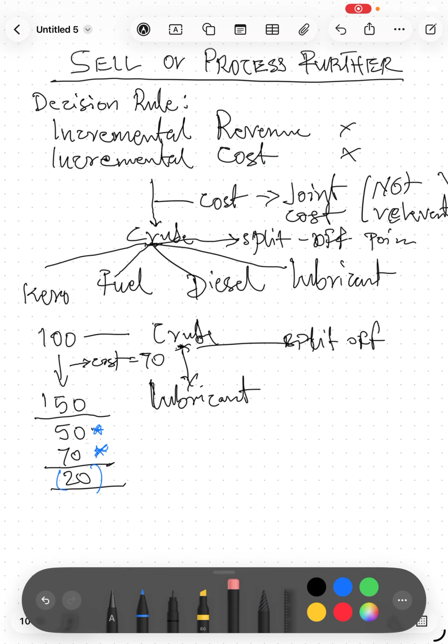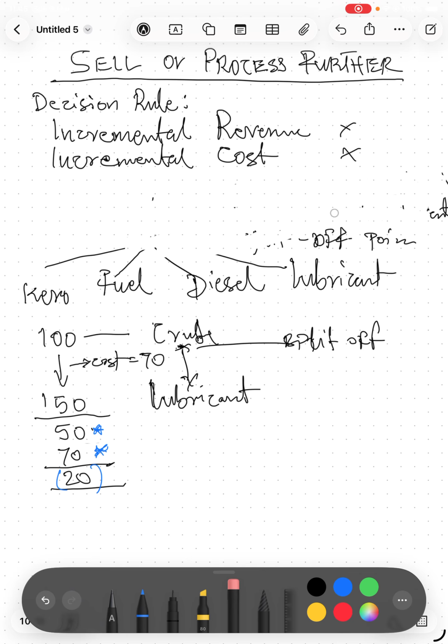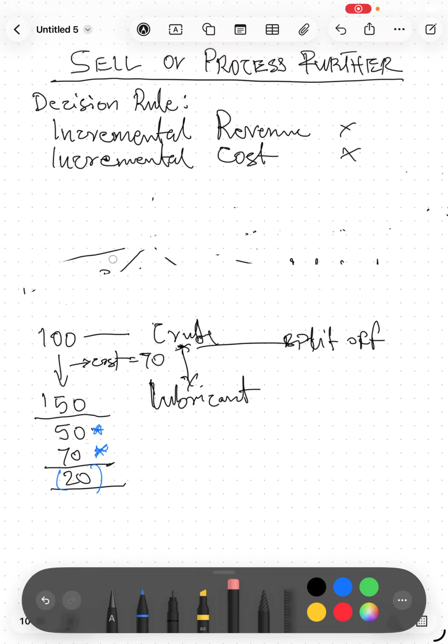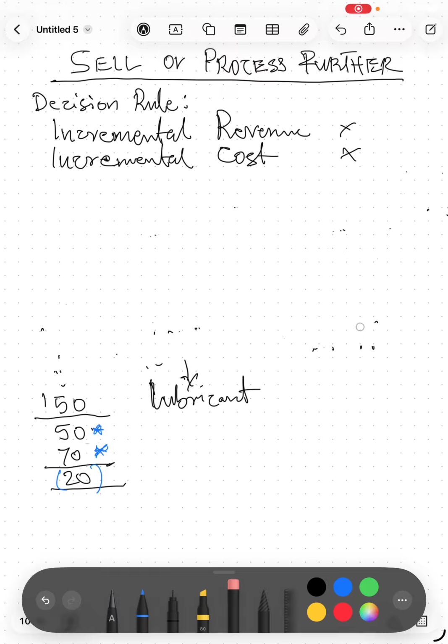So we will quickly solve a question to buttress this. You don't need to stress yourself much. All you need to know is this decision rule, because it is the decision rule that guides your decision, whether to process further or to sell at the split off point.